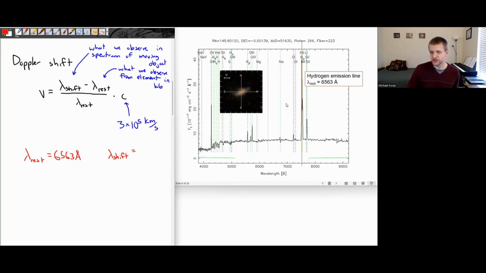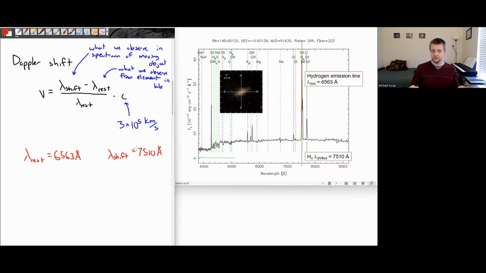But again, we notice that on this spectrum, this hydrogen alpha line isn't showing up at 6,563. It's showing up a little bit closer to 7,510, so it's a little past 7,500 angstroms. Let's use that as our shifted wavelength, 7,510 angstroms.